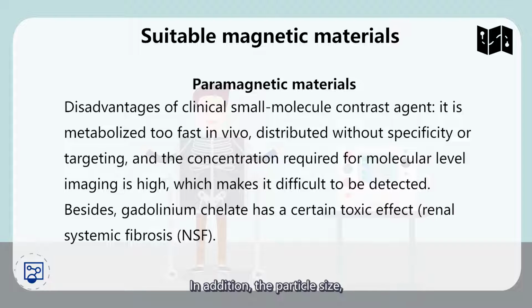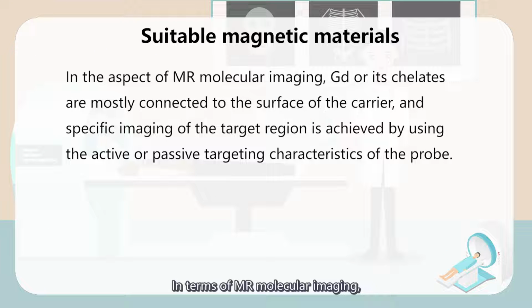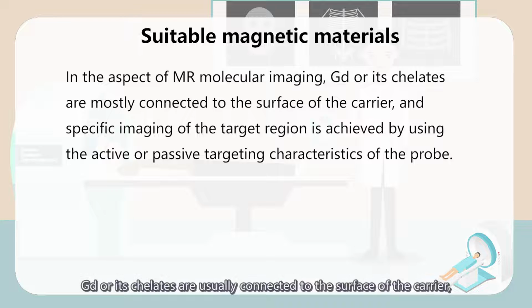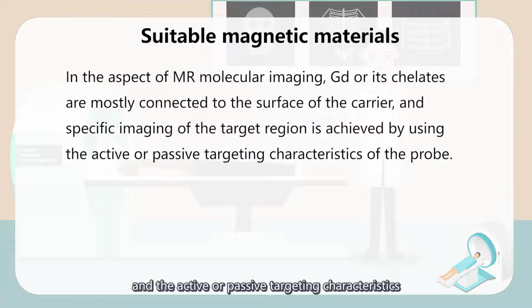which has become one of the shortcomings of its clinical application. In addition, the particle size, specificity, and imaging concentration of small molecular contrast agents are also limited in clinical application. In terms of MRI molecular imaging, gadolinium or its chelate are usually connected to the surface of the carrier, and the active or passive targeting characteristics of the carrier probe are used to achieve the specific imaging of the target area.